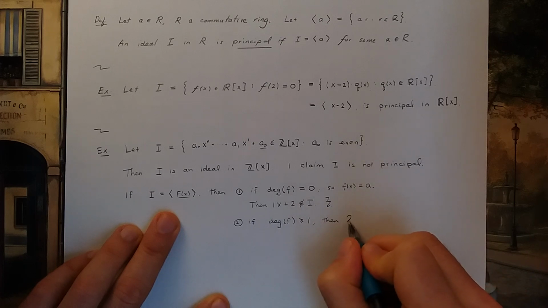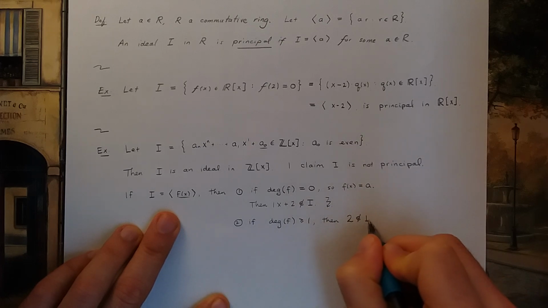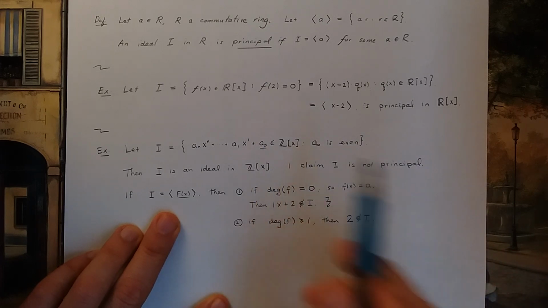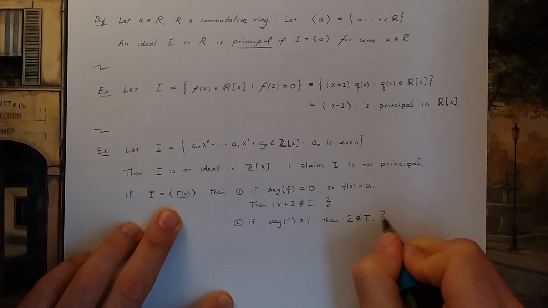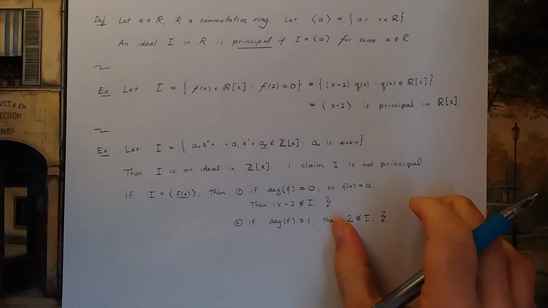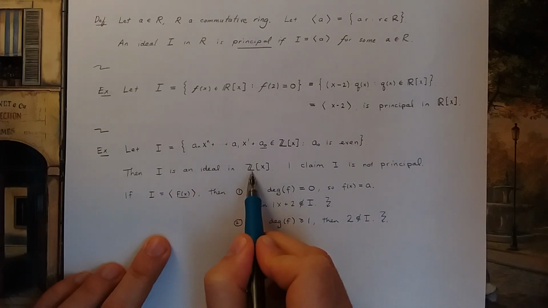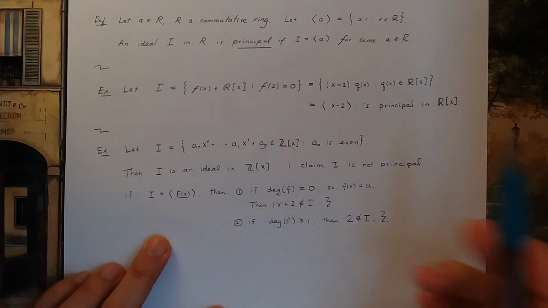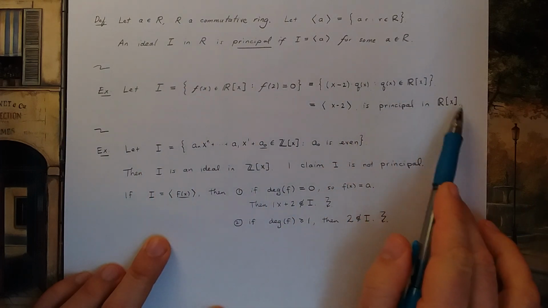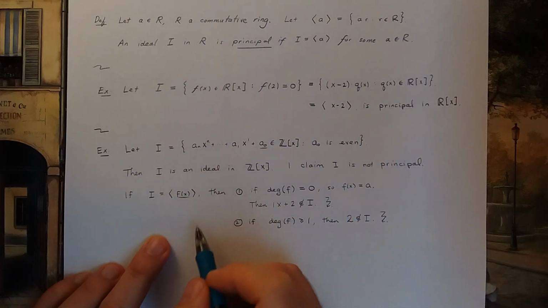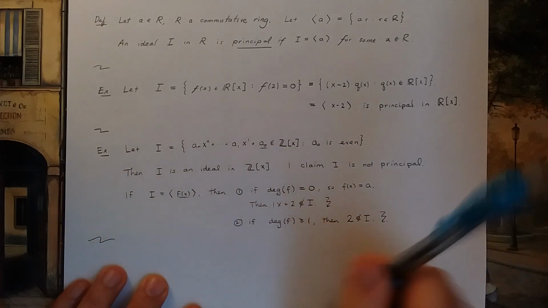So that means 2 would not be in I, and 2 is definitely in I to begin with, so that's another contradiction. So this shows that I can have an ideal in a polynomial ring that is not principal, or I could have an ideal in a polynomial ring that is principal. And we'll give a surprising theorem about this in our next video.